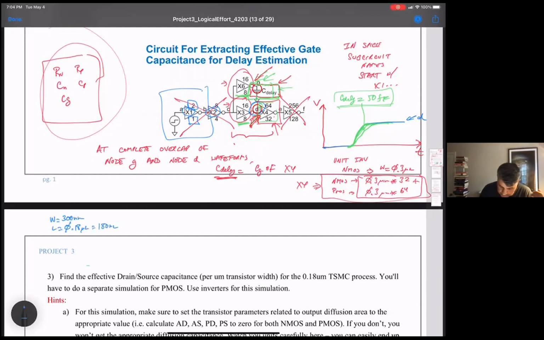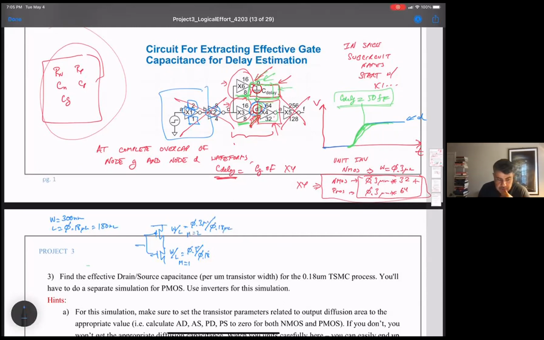So this first one, X1, would be W over L of 0.3 over 0.18 microns, with M equal to 1. The P would be the same. I think this is the cleanest way to do it. I hope you see what I'm doing here, and then with M equal to 2.